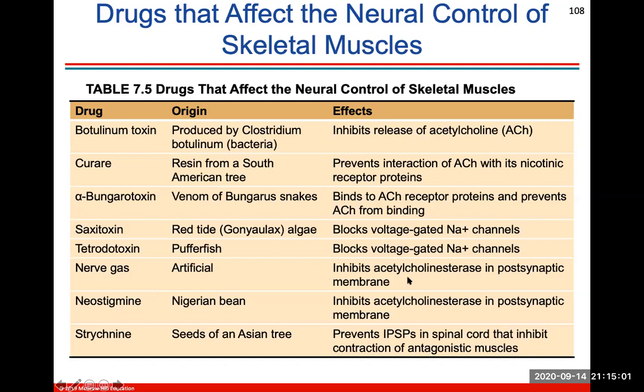It inhibits acetylcholinesterase. And tetrodotoxin is found in pufferfish, which some people eat as a delicacy. This will block sodium channels, which is also bad. It surprises me greatly that some people do this to themselves, like Botox, or they eat a pufferfish. I would never get close to any of these drugs, but you can read through here what the effects will be.